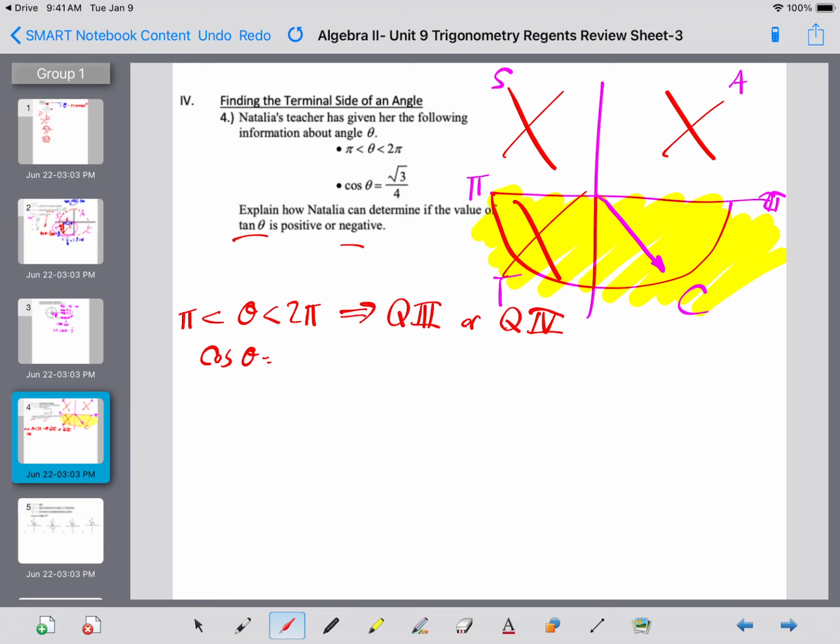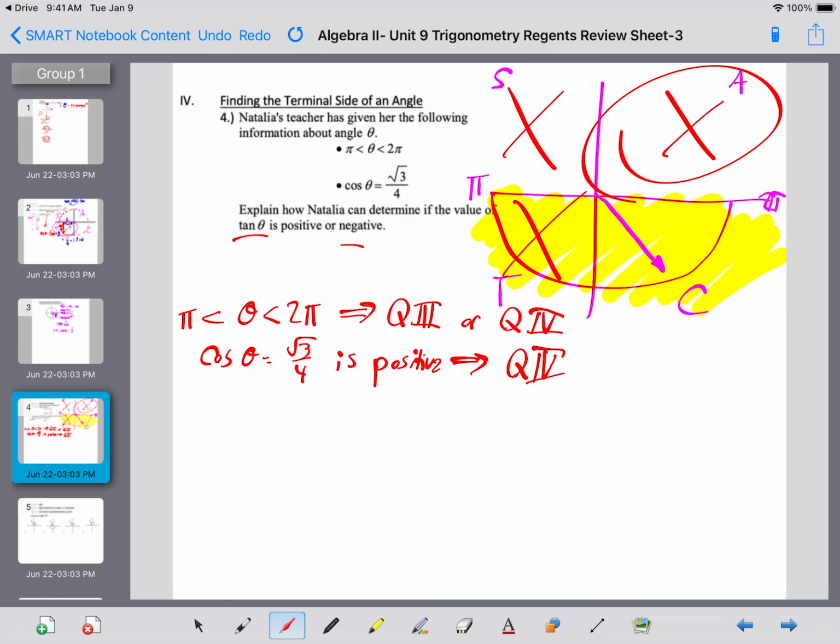Cosine theta equals radical 3 over 4 is positive, which indicates quadrant 4, right? It could indicate quadrant 1, but quadrant 1 we already crossed out. Tangent theta in quadrant 4 is negative.